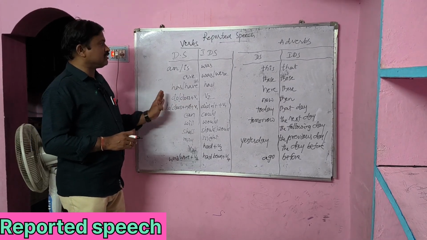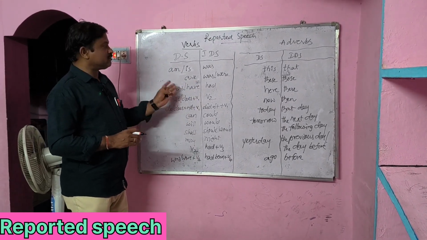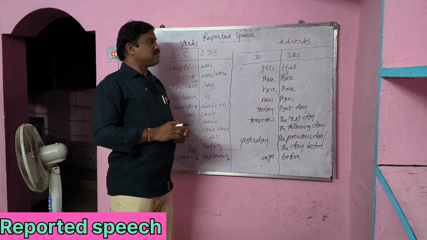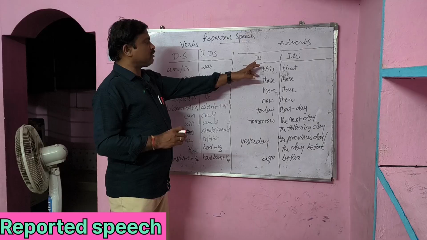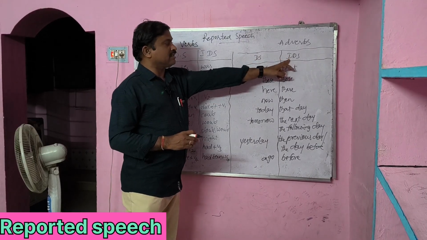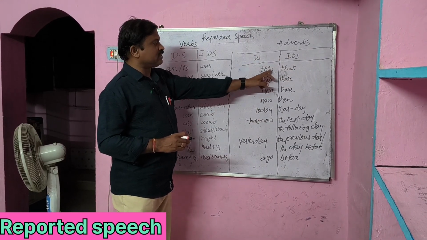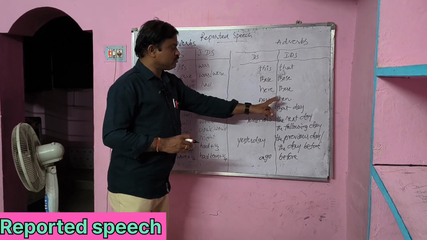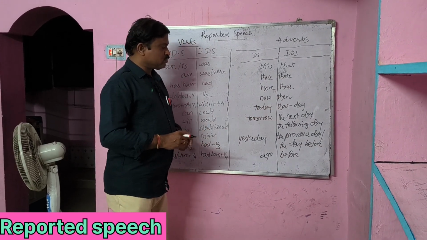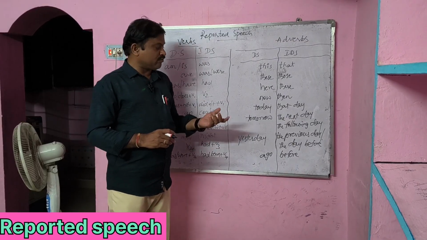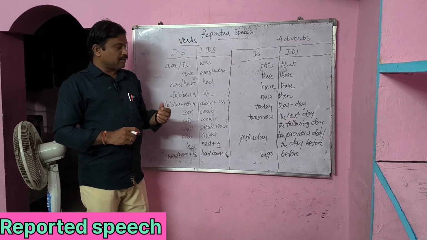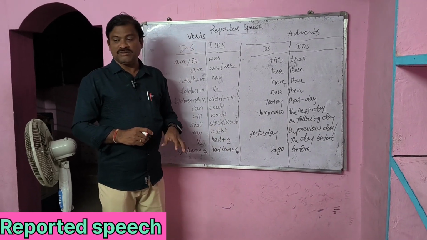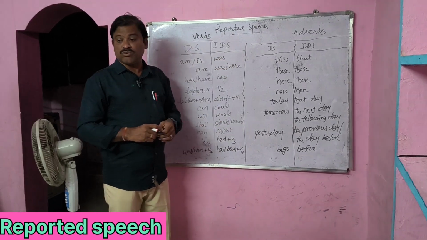So like this we can change the verbs when you change direct to indirect speech. At the same time, sometimes adverbs change. In DS, direct speech, and IDS, indirect speech, this changes to that, these to those, here to there, now to then, today to that day, tomorrow to the next day or the following day, yesterday to the previous day or the day before, ago to before. Adverbs are not compulsory.